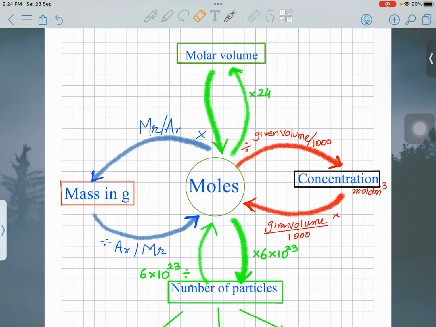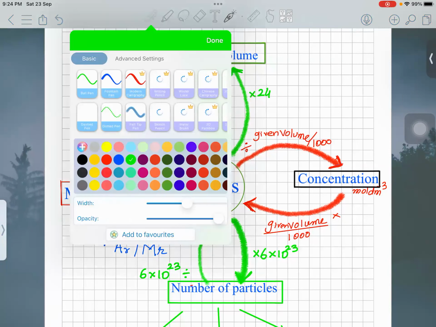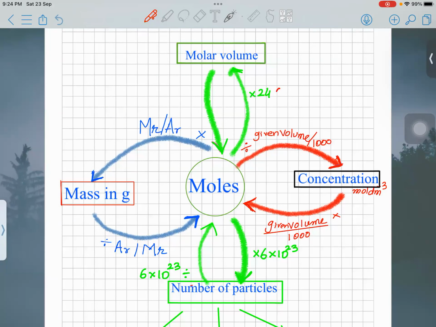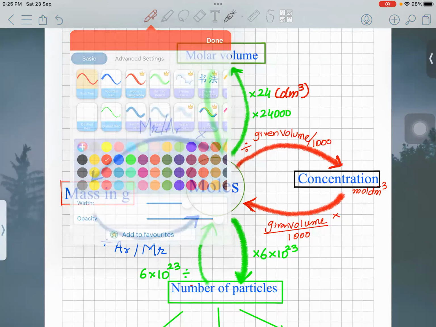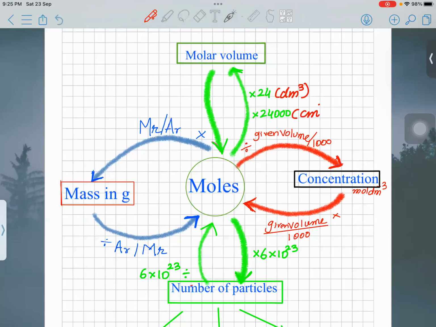Then the volume will be in dm cube. But when you multiply it by 24,000, your volume will be in cm cube. Sir, why do you multiply by 24? Because 1 mole has 24 dm cube. It's a fact.